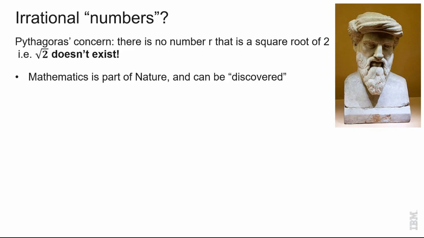They go and search for mathematical truths that exist independently. Just like if you want to discover the circumference of the Earth, you have to go and find out. So the same thing is in mathematics. So these numbers actually exist somewhere in nature, and you just have to go and discover them. And the fact that square root of 2 doesn't exist is troubling for this particular viewpoint.